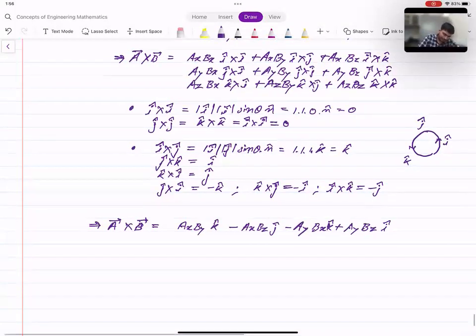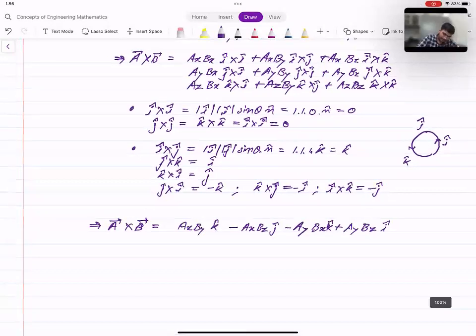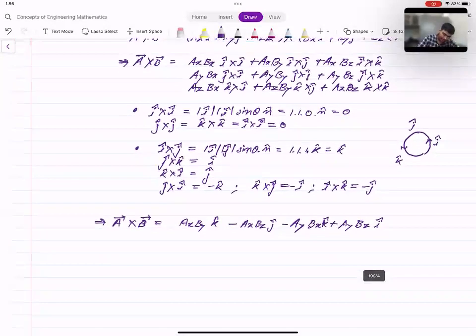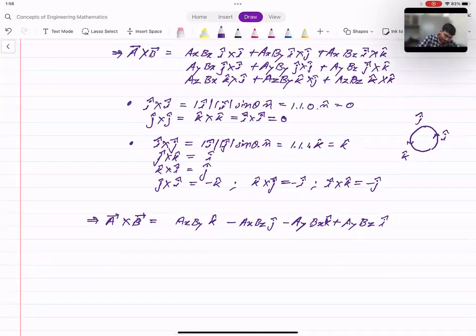Similarly, here again we will have az bx, and k cross i is j, so plus of az bx j cap. Then k cross j will be minus i, so this is negative of az by, and k cross j is minus i, so minus we have considered, so i.